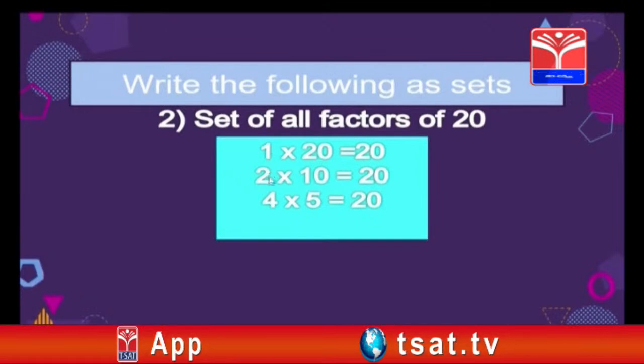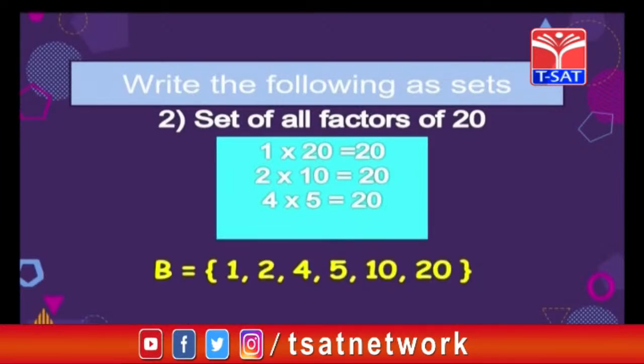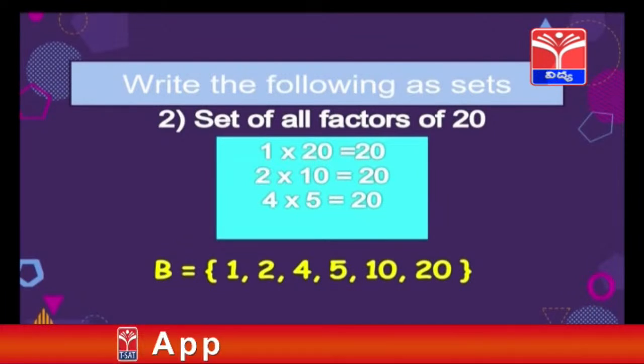So, 1, 2, 4, 5, 10 and 20 can be considered as factors of 20. So, the elements of the set we need are 1, 2, 4, 5, 10 and 20.